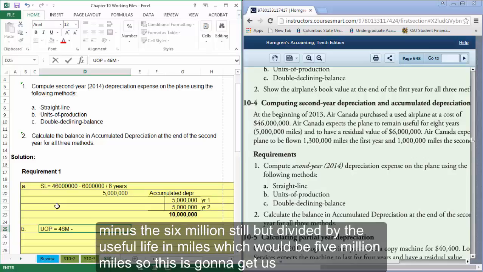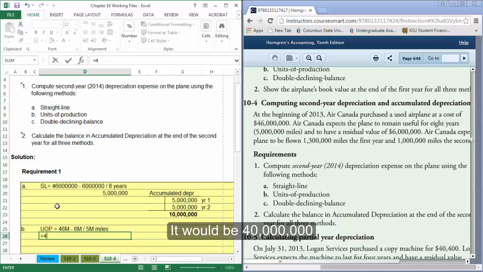Okay, minus the 6 million still, but divided by the useful life in miles, which would be 5 million miles. So this is going to get us 46 minus 6 would be 40 million, divided by 5 million miles.